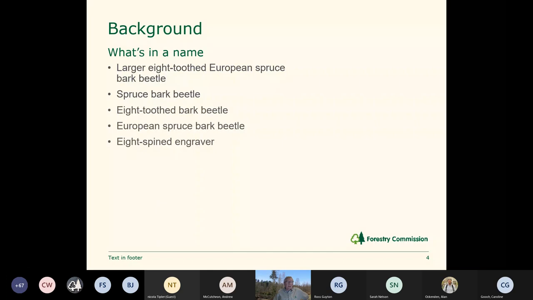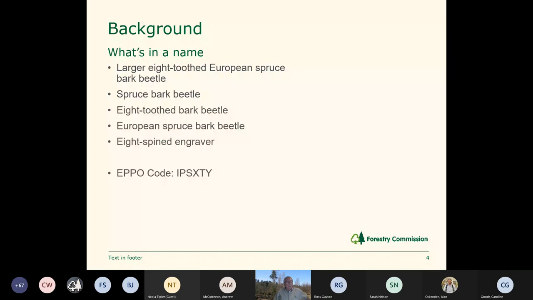I like the engraver name because it describes it very well. There are also, I think, 6 common names that the Germans use and 5 that the French use.